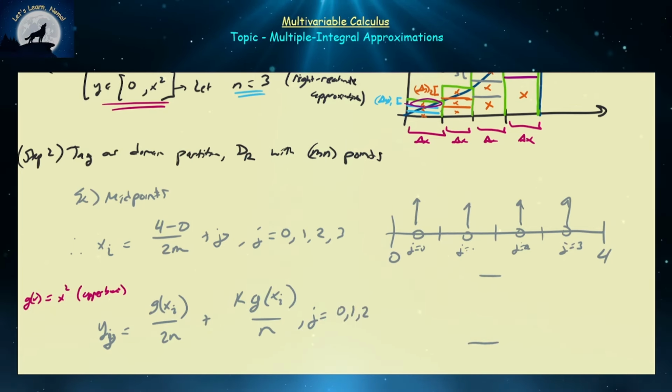So in each of these projections, notice we have 0 to x squared, and this is our height. So if we just do g of x divided by 2n, that's going to give us our particular midpoint, let's say. And then this other point is going to allow us to jump up 1, 2, and 3.